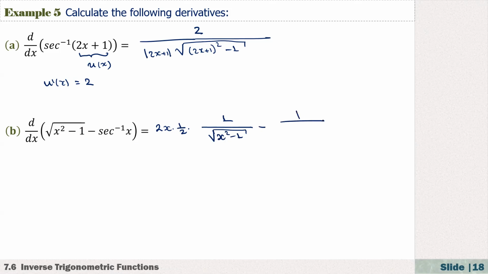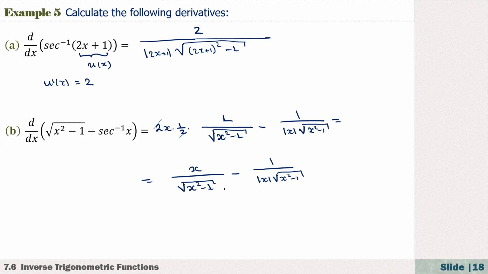That's just equal to 1 over the absolute value of x times the square root of x squared minus 1, right? So now this x cancels, and here we have x over the square root of x squared minus 1 minus 1 over the absolute value of x times the square root of x squared minus 1.